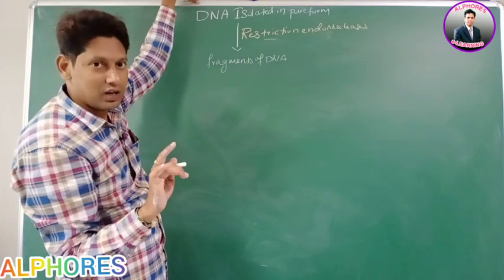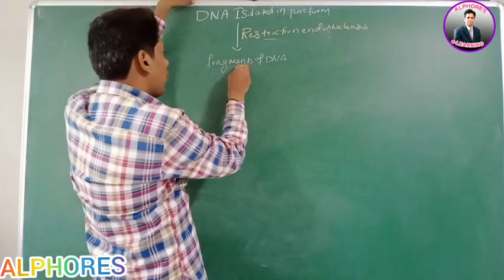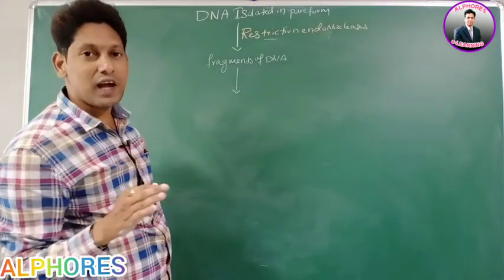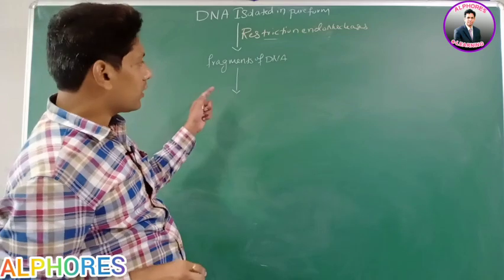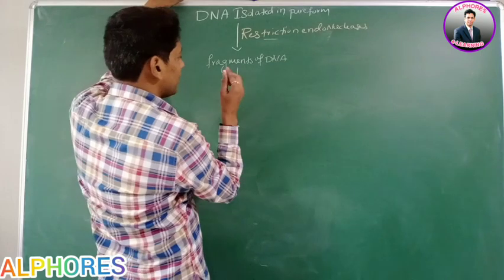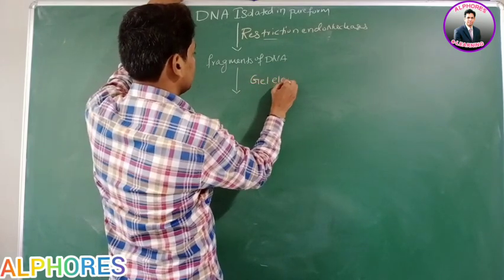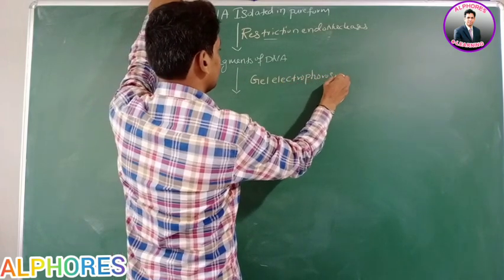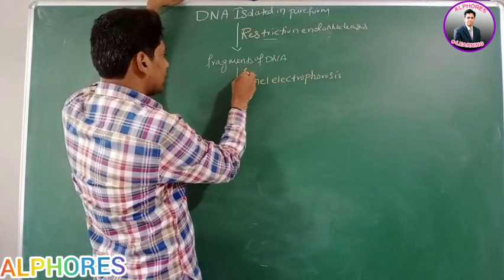All those fragments are not of equal length. We got fragments of DNA. Now what we have to do is separate these fragments of DNA from one another. Separation of DNA fragments. How are we going to separate these DNA fragments? DNA fragments are separated by using gel electrophoresis. Which gel electrophoresis?